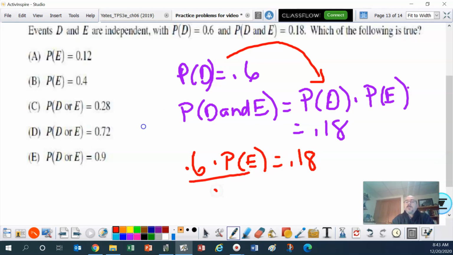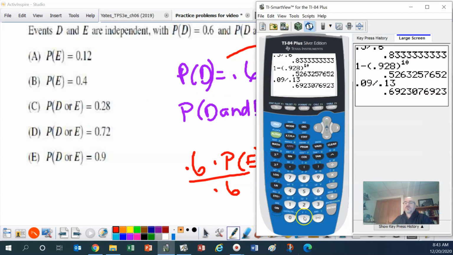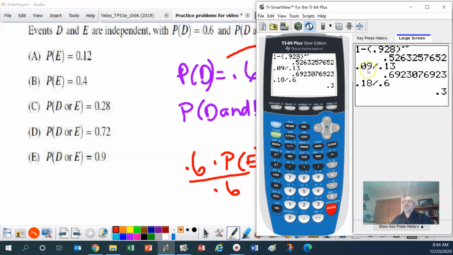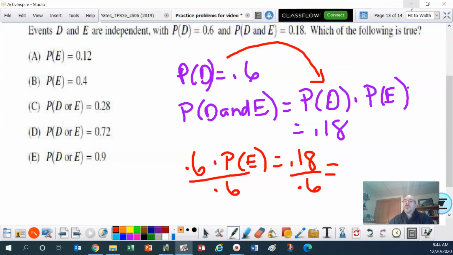Let's see, divide by 0.6. 0.18 divided by 0.6 is, yep, 0.3. So that means, ladies and gentlemen, that the probability of E is 0.3.